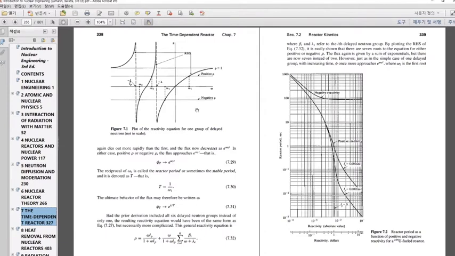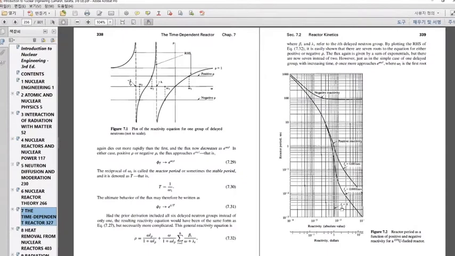And with this somewhat simplified approach, what we can see is that in case of a positive reactivity, as reactivity increases, the reactor period gradually decreases. And this is the case when prompt criticality is achieved.